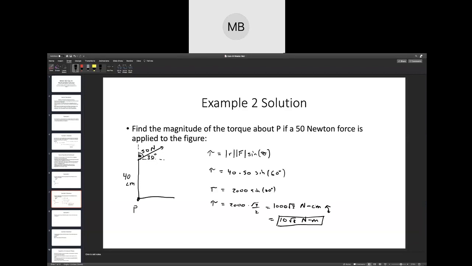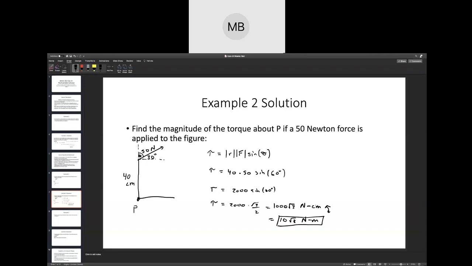So that's a torque. With the right hand rule, you would take your right hand and point your index finger in the direction of the position vector, and your middle finger in the direction of the 50 newtons. Then your thumb should be pointing down into the page.